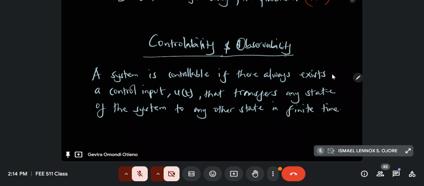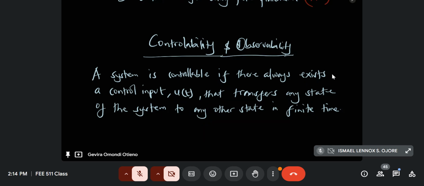So within a specified finite time, if you have a system that can take the control input, and that control input is able to transfer any state of the system to any other state, meaning the state of the system can change from one state to the other, irrespective of what the state is, then that system is said to be controllable.